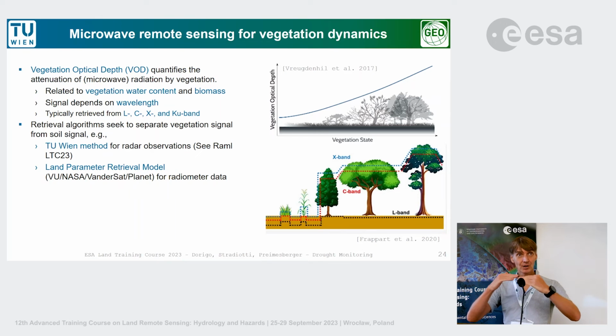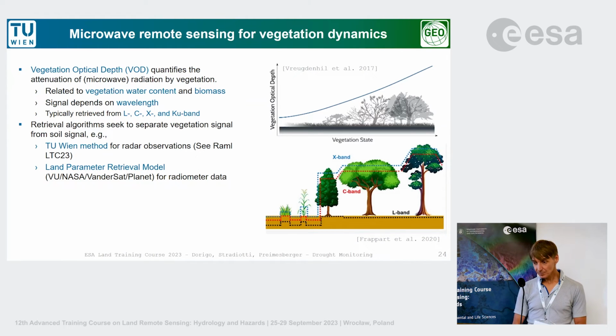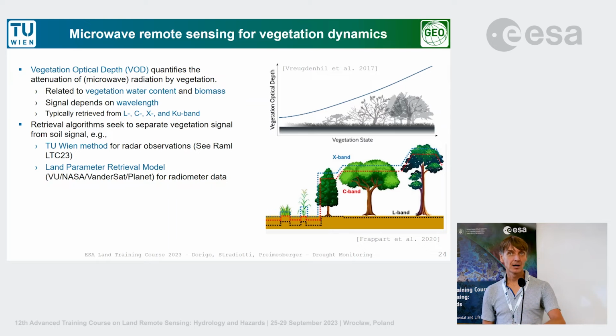With X-band, you penetrate a bit deeper into the canopy, so you get not only the surface of the canopy, but a bit below that. C-band even more. And with L-band, I would have drawn that maybe a bit differently. With L-band, you do not only get a soil signal, but you also get information from the trunks and the branches, because the wavelengths of the L-band, which is 20 to 25 centimeters, are long enough to pass through the leaf canopy.